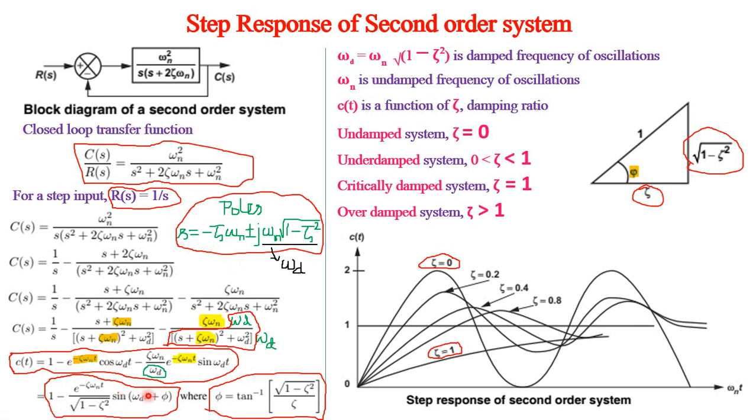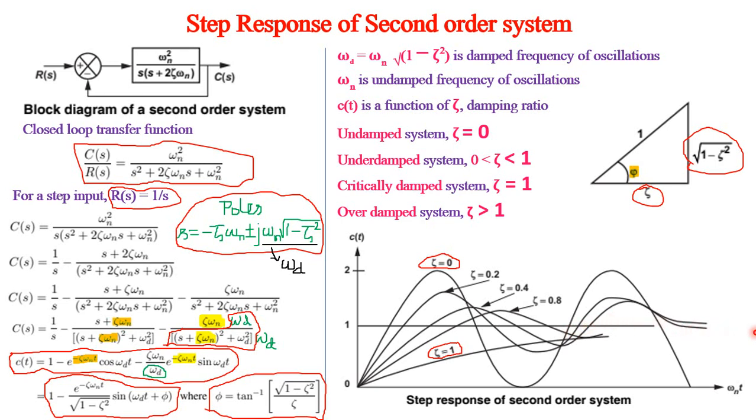What is clear from this is, we have the e power minus zeta omega n t term. When time increases, this e power minus zeta omega n t exponentially decays. Therefore, it is an exponential decay term multiplied by sine. Sine is always positive, negative, positive, negative, multiplied by an exponential decay. So, for example, when we take a damping ratio of 0.4, the response will be like this, then like this, then like this, and finally it will become 1.